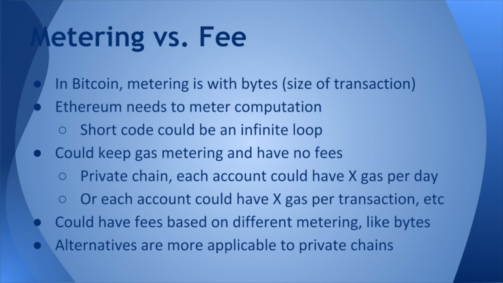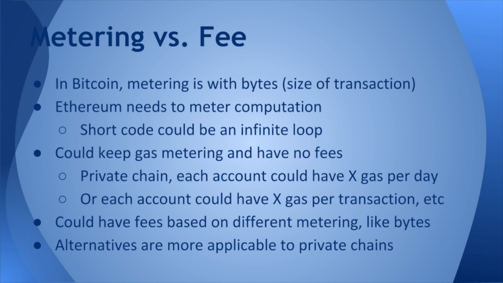If you have a transaction of this many bytes versus that many bytes, that's basically how your fee is based. But in Ethereum, you can't meter just by the size of the bytes. You also need to meter computation, because a small amount of bytes or a small amount of code could still be written in a way that will be an infinite loop.